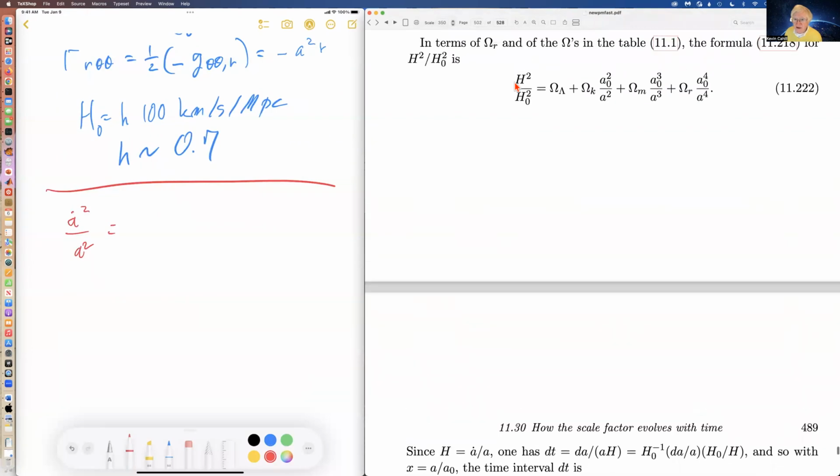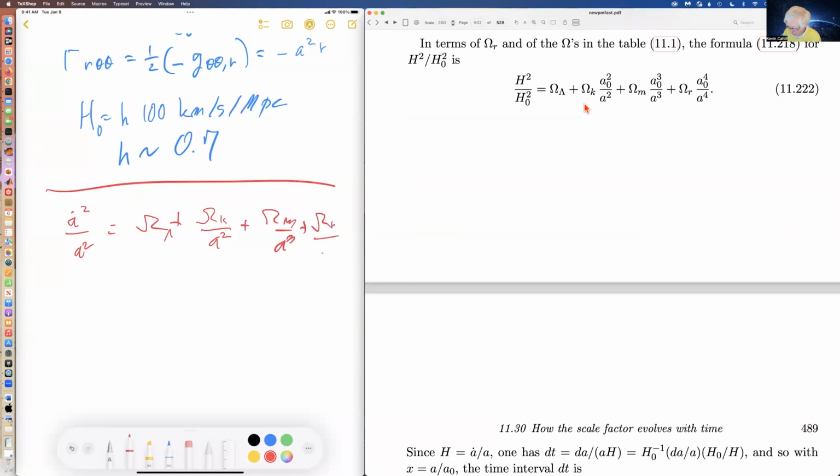And so it's omega plus, now omega 0 is the one at the present time. I've got to admit that the geometrical one goes as 1 over a squared, and then you get omega matter over a cubed plus omega radiation over a to the fourth.